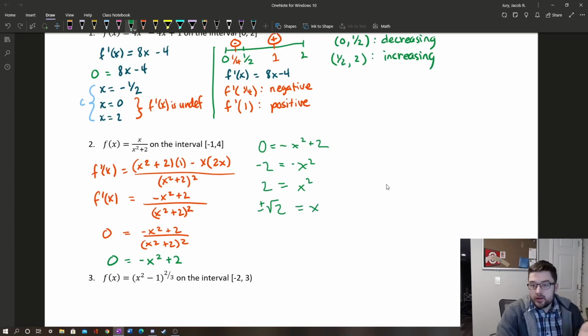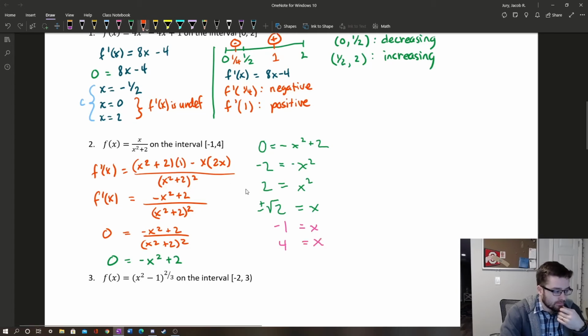Okay, so we've got what looks like 2 critical points here, and we also have the endpoints to consider because that's part of the critical points. So we've got negative 1, 4. So all these are critical points.